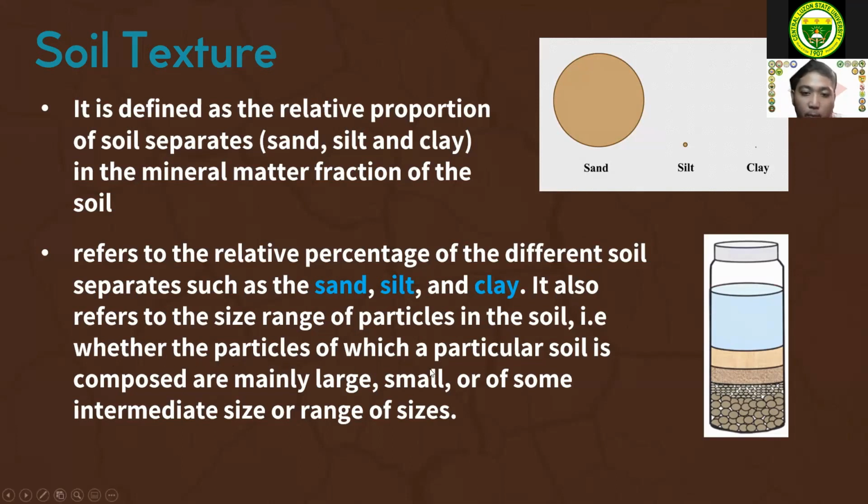Whether the particles of which a particular soil is composed are mainly large, small, or of some intermediate size, or ranges of sizes. As you can see in this illustration, sand is the larger one, then silt is the intermediate size, then clay is the smallest of our soil separates.